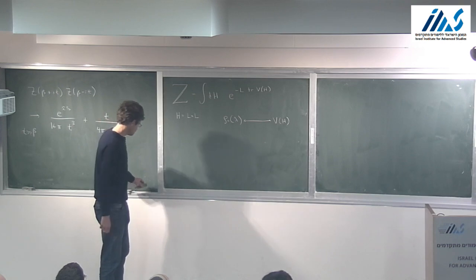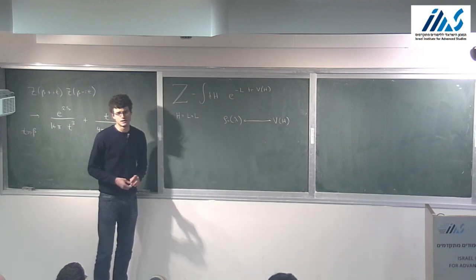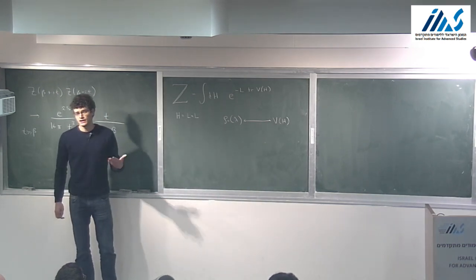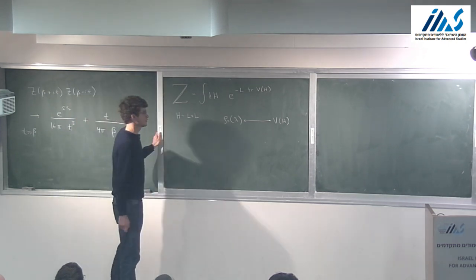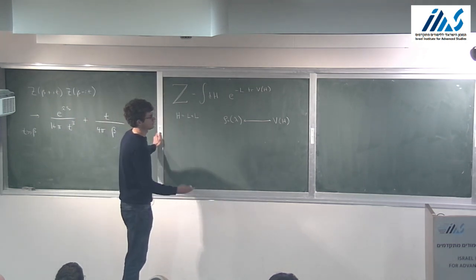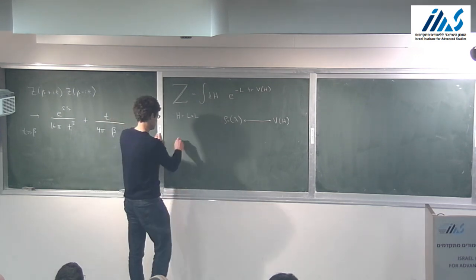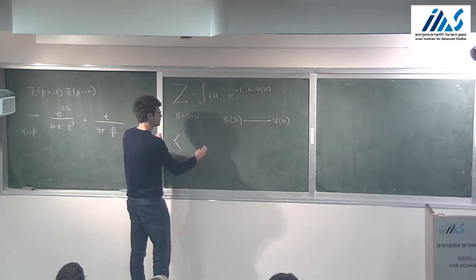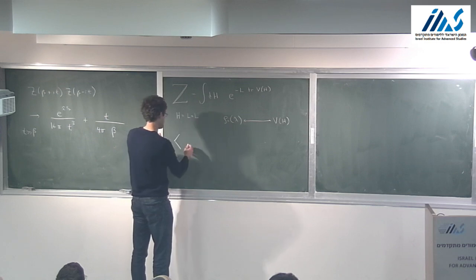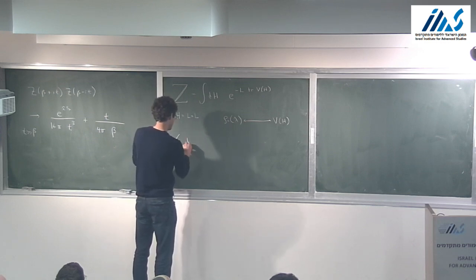But the types of observables that people discuss in this context, in the random matrix literature, are often correlation functions of resolvents. So let me explain what those are. The types of observables that people like to study in 1 over L perturbation theory are observables like this.